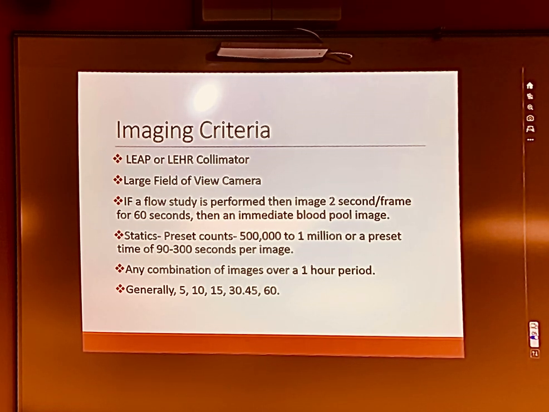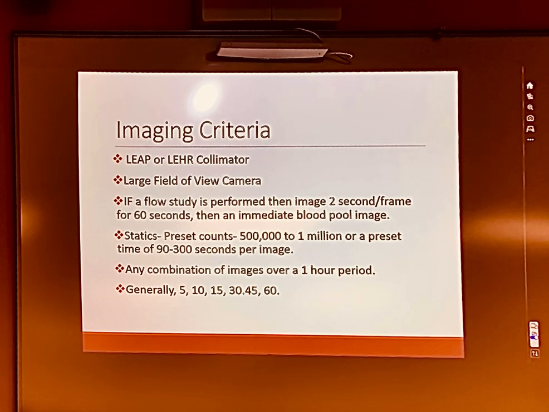But the range is 500K to 1 million and 90 seconds to 300 seconds an image for static imaging. And you can do any combination of images over a 1 hour period, but it has to be 1 hour.